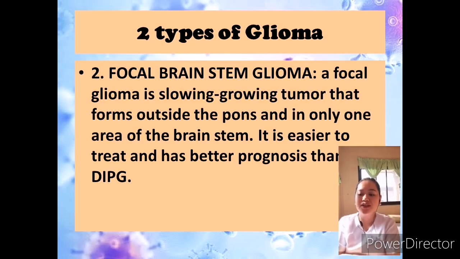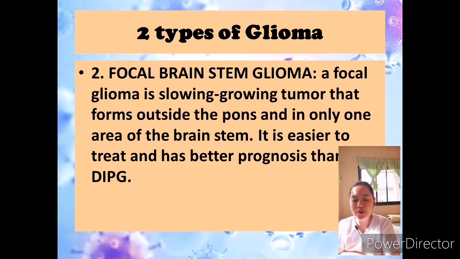And we have the second type of glioma, the focal brainstem glioma. A focal glioma is a slow-growing tumor that forms outside the pons and in only one area of the brain. It is easier to treat and has a better prognosis than the DIPG. A while back, I defined that the DIPG tumor grows inside the pons.